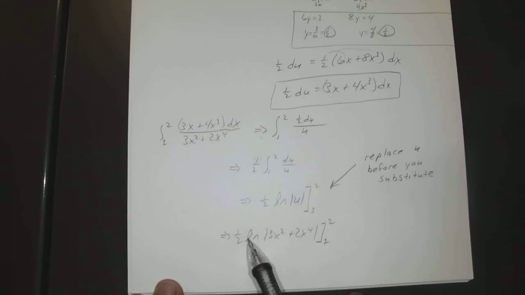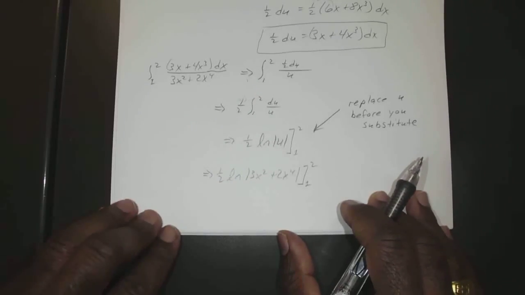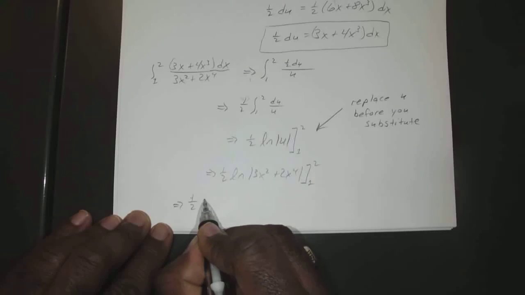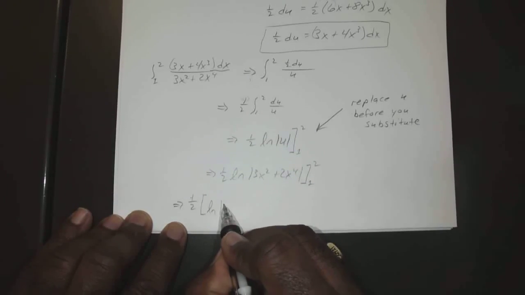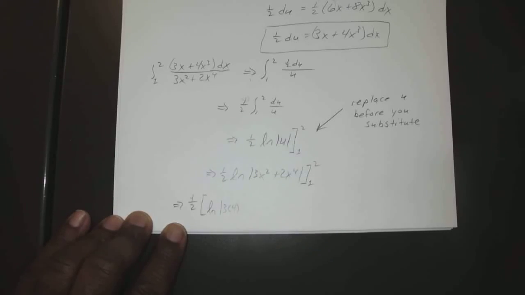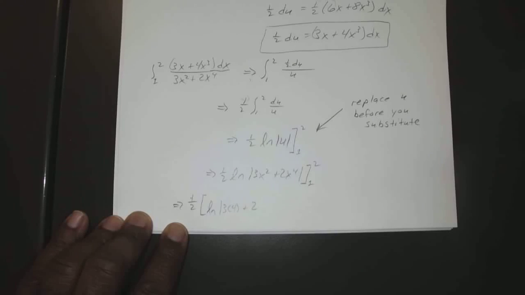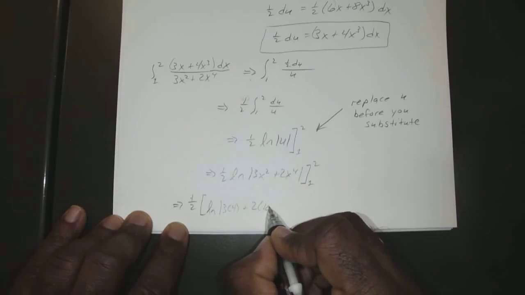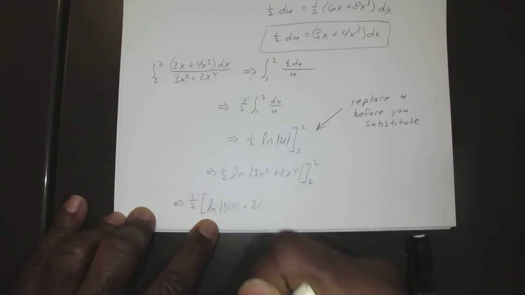Okay, so first we plug in the 2. That gives us 1/2 times the natural log of 3 times 2 squared, which is 4, plus 2 times 2 to the fourth, which is 16. Uh-oh, I'll just go ahead and erase it. There we go.